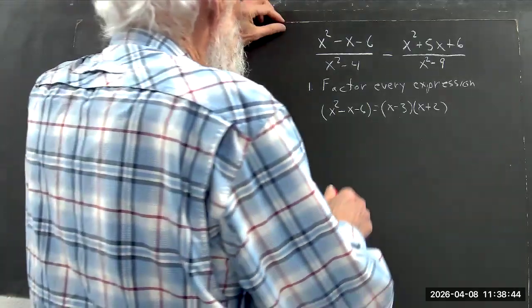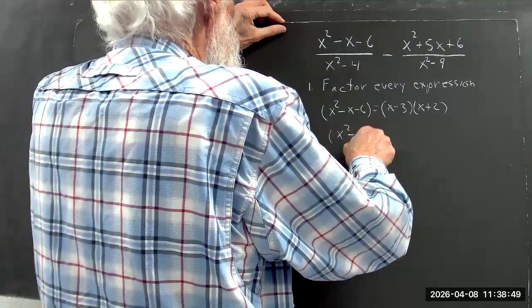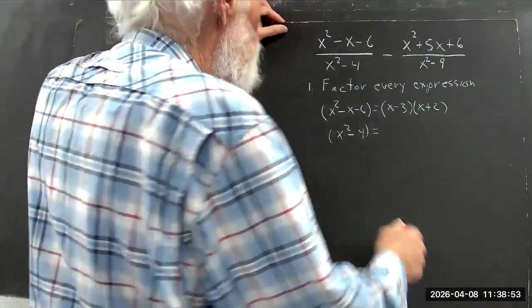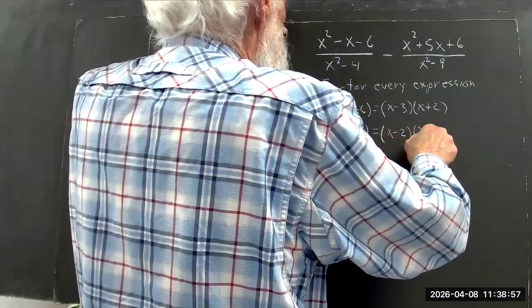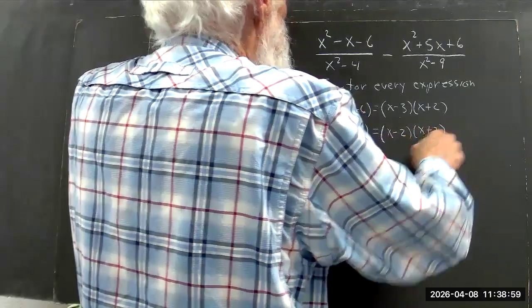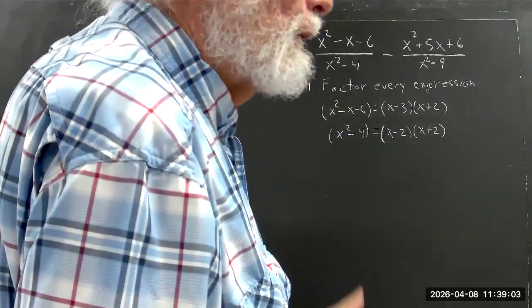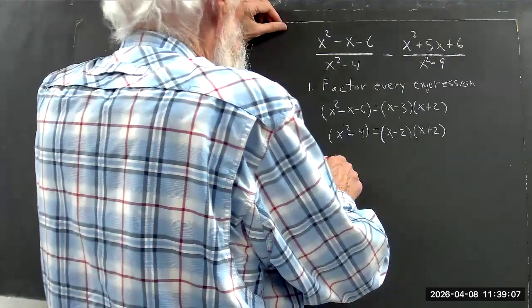The first denominator is x squared minus 4. And of course, there's a special product, difference of two squares. We have x minus 2 times x plus 2. And again, if you don't know how to factor the difference of two squares using the special product, you need to review that. Okay.